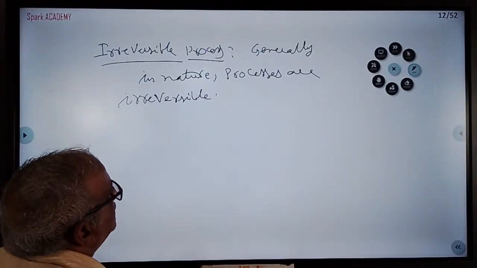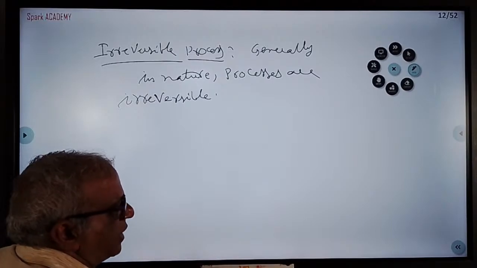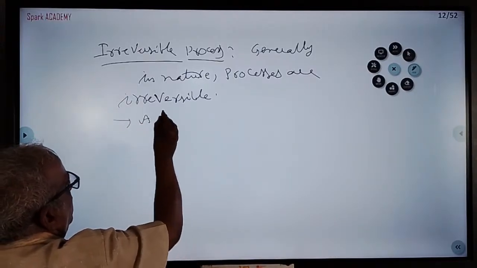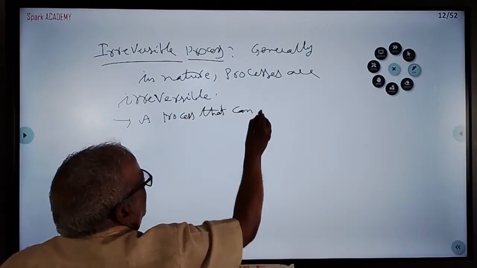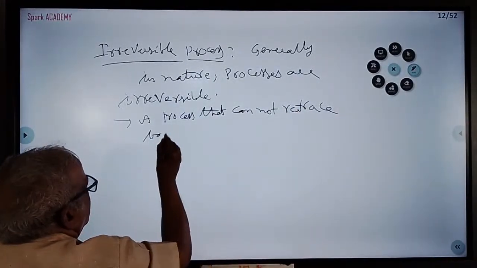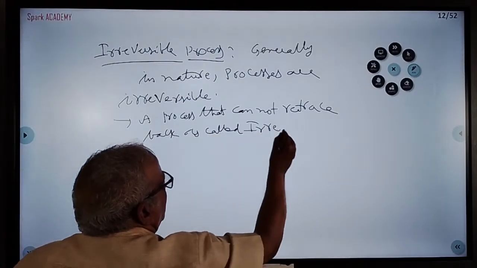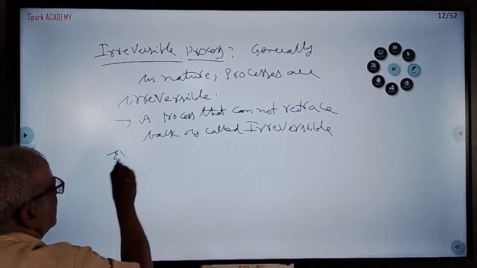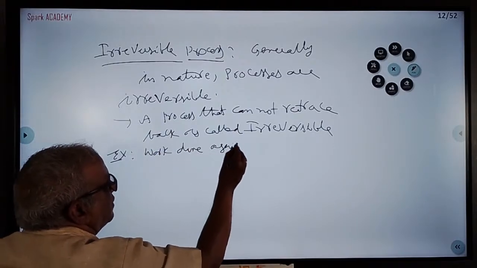Generally in nature, processes are irreversible because a process that cannot retrace back is called irreversible. Example, work done against friction.